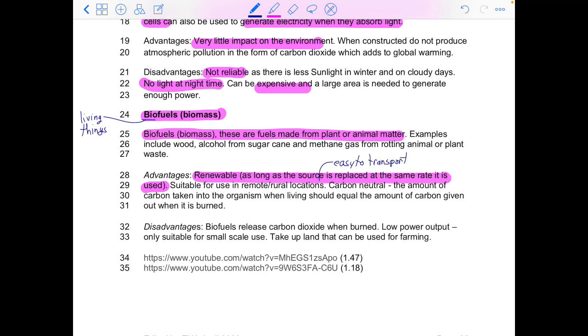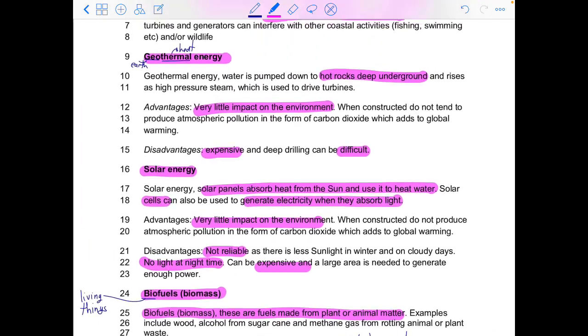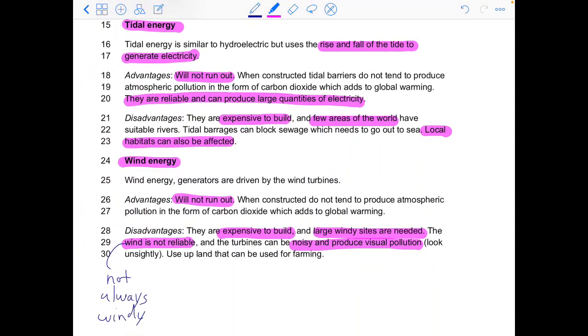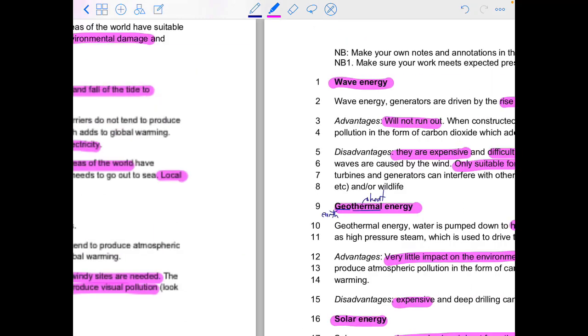The one big disadvantage of biofuels is they release carbon dioxide when they are burned. So you can only use them on a small scale because they don't give a lot of energy out, as it's not as concentrated. So those are the 1, 2, 3, 4, 5, 6, 7 forms of renewable energy sources.